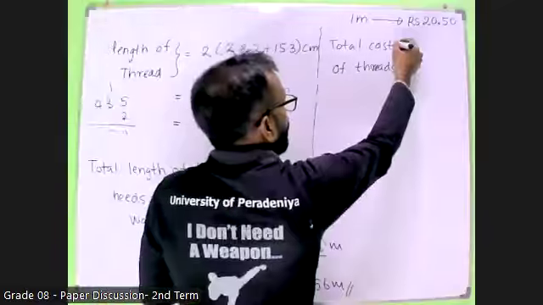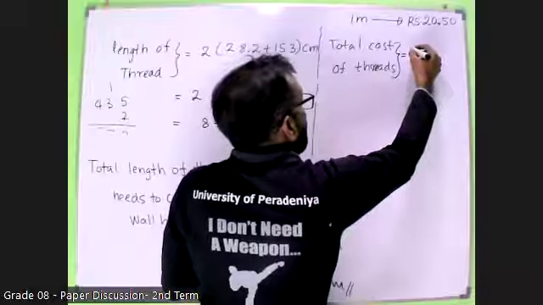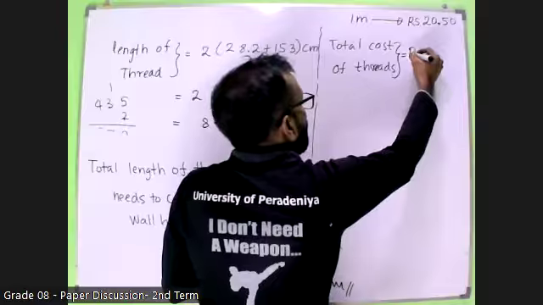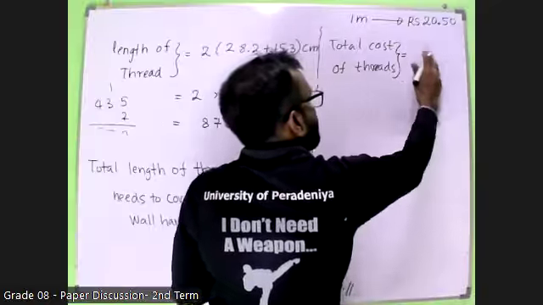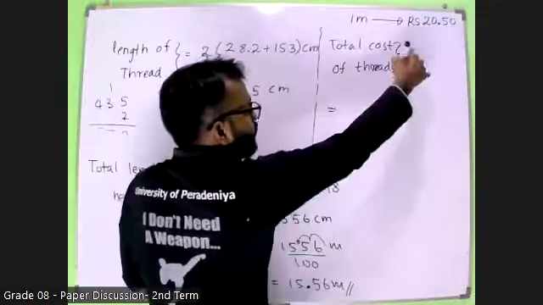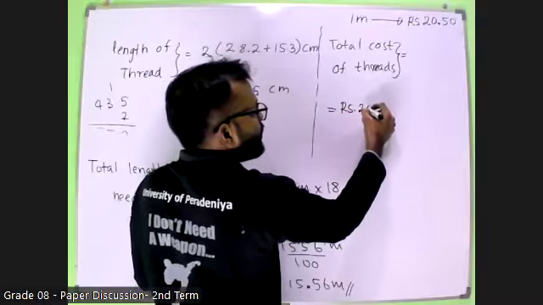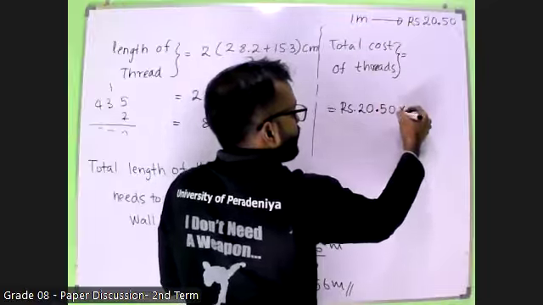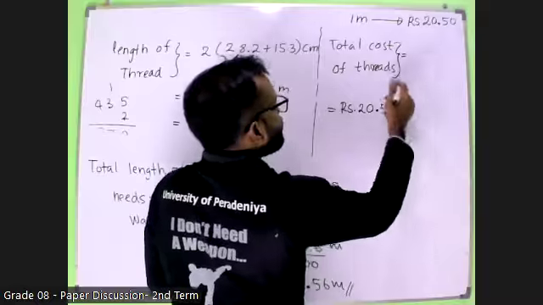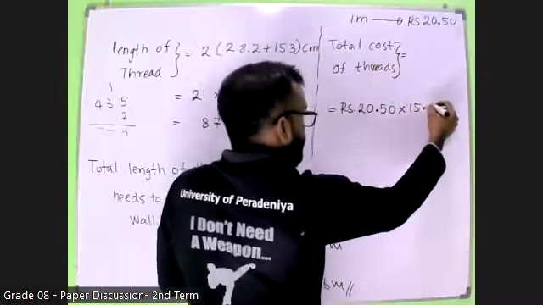So we have to multiply. I will take it to the below side now, equal mark, so I can write it very clearly. 20.50 multiplied by 15.56.